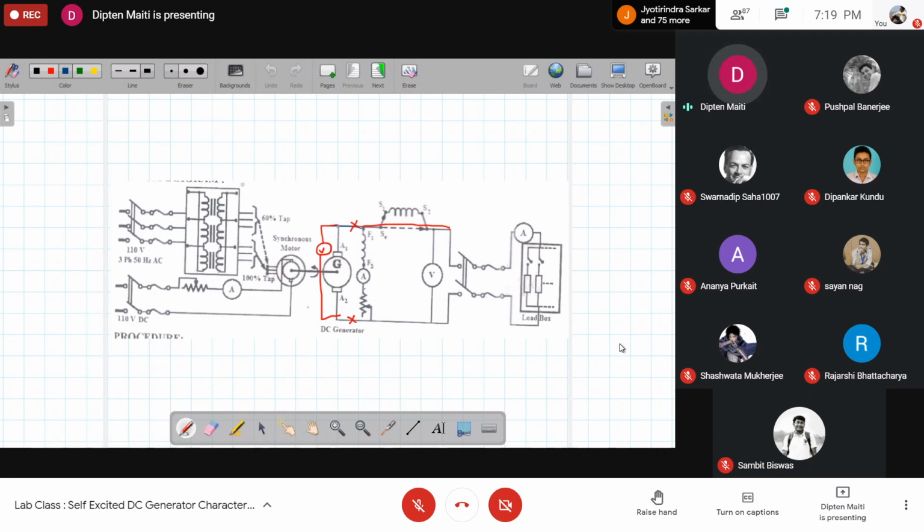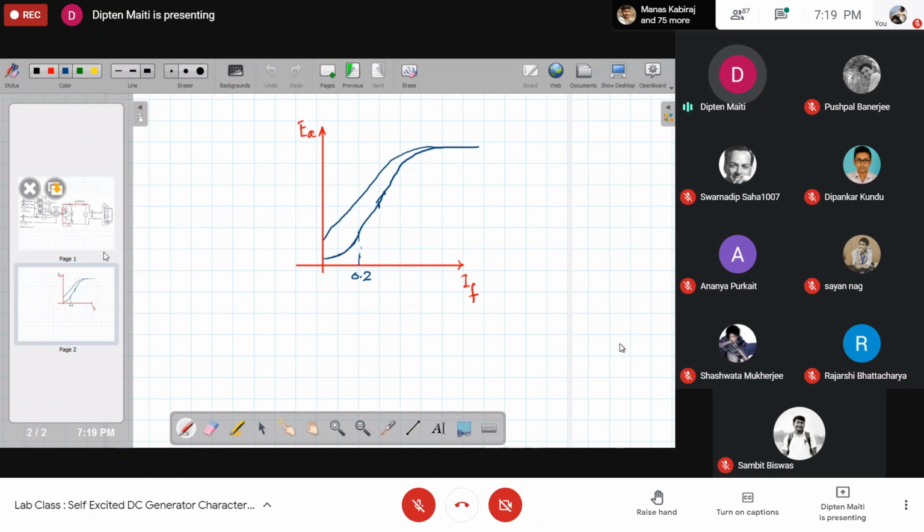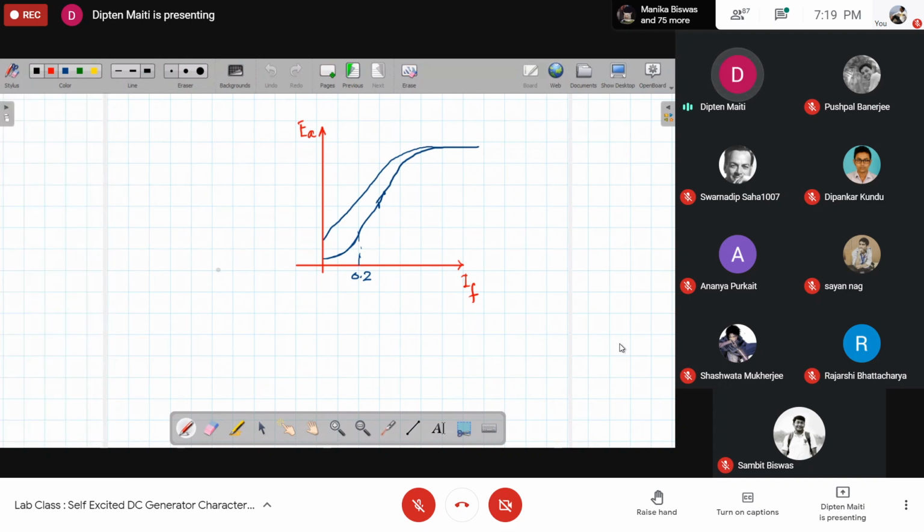So to calculate the critical field resistance, you have to take into account the increasing side of the BH curve, the induced EMF in the open circuit characteristics. Over there, draw the straight line for the resistance, and try to draw the parallel line for the resistance.